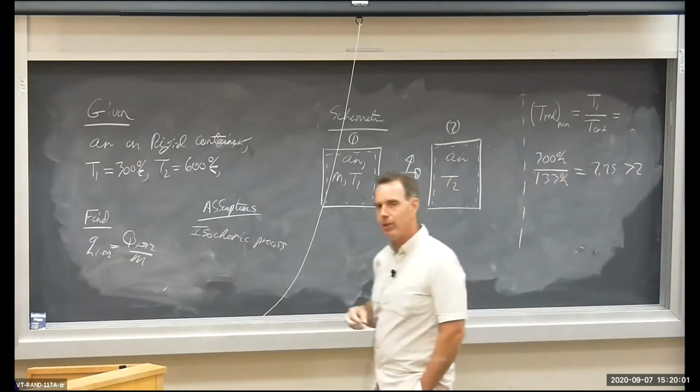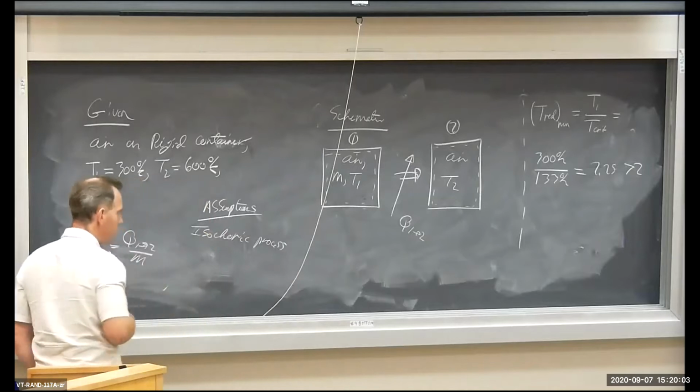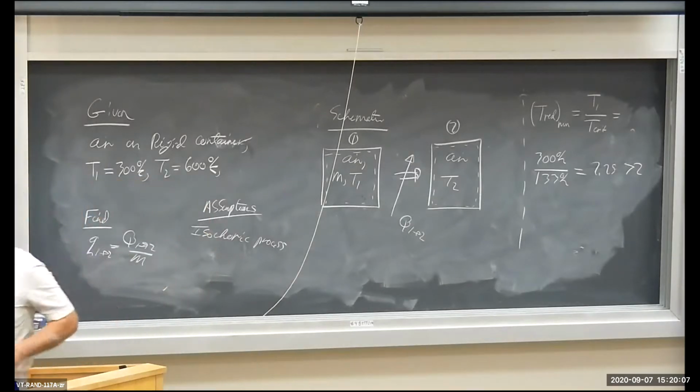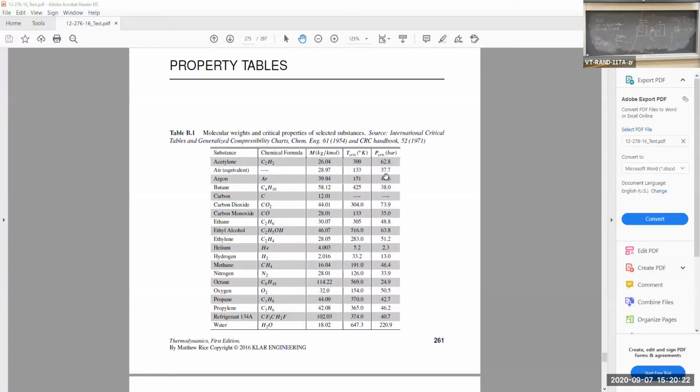I don't know anything about the pressure. Critical pressure is pretty high for air. If you look here, it's 37.7 bar. So reduced pressure needs to be about 0.2 or less.